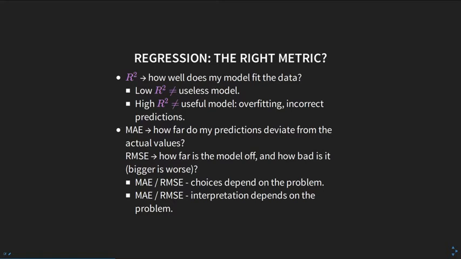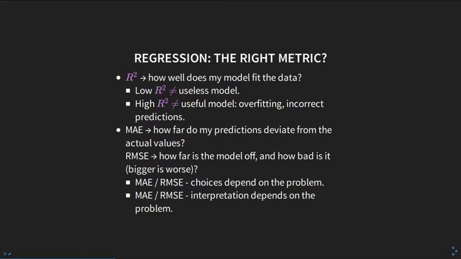So say, for example, we're trying to do biddings for either stock or maybe bids on auctions. We might be very poor at predicting things, but we still might make a profit using a certain model with a low R-squared score. And similarly, a high R2 score doesn't necessarily give you a useful model when, for example, you're overfitting or you're making incorrect predictions due to some bias.